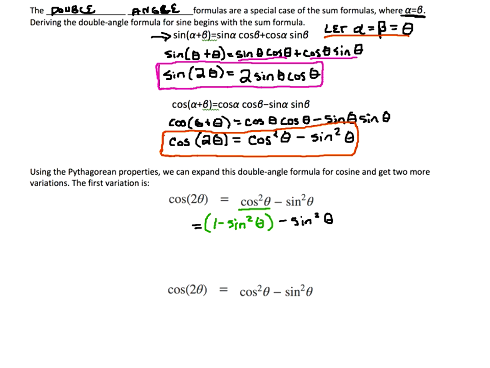First let me get rid of the parentheses. There's an understood 1 there that distributes. So this is 1 minus sine squared theta minus sine squared theta. Those sine squared theta terms are understood to be negative 1 of those things, so I can combine like terms, and I get 1 minus 2 sine squared theta. Easy enough.